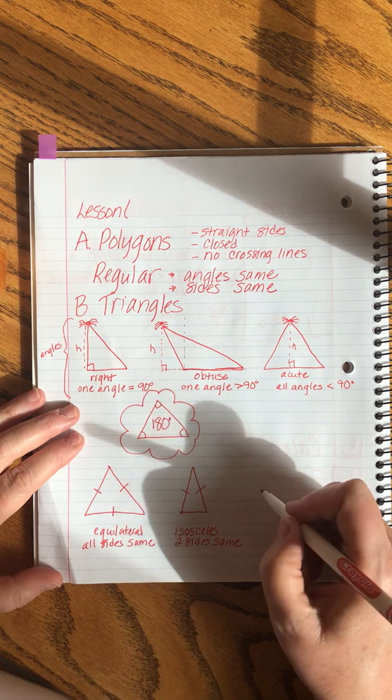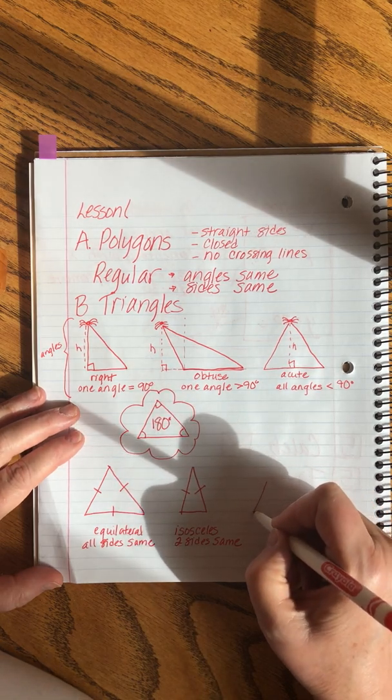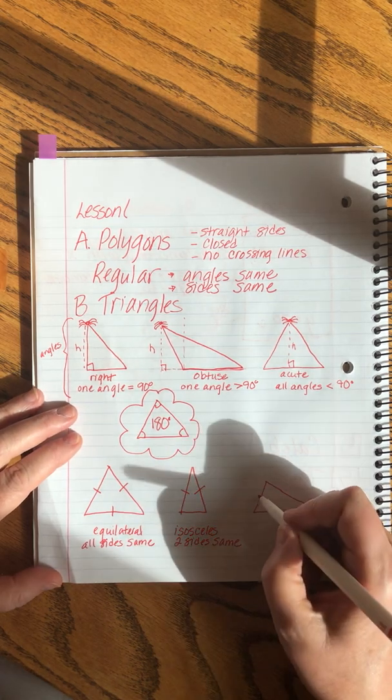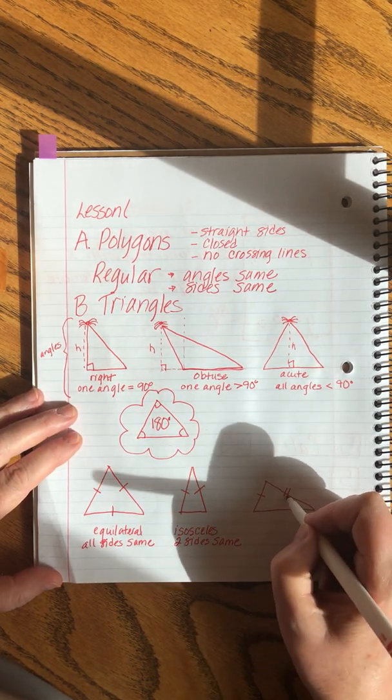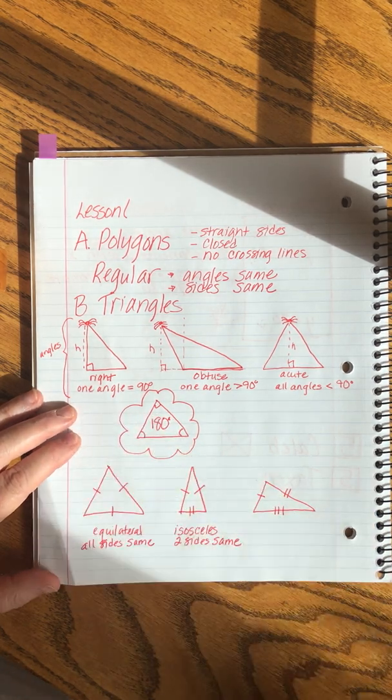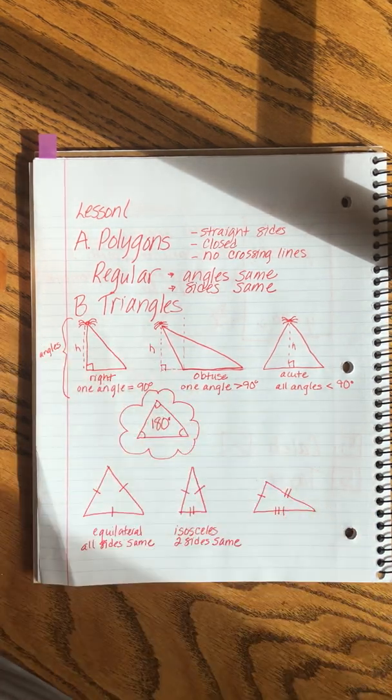And then this last one is hard to draw because you have to be so kind of randomy. This one, I'm going to use the tick marks to show differences this time. And I can do this to show that that one's different. When the tick marks have different numbers, that means they don't match.